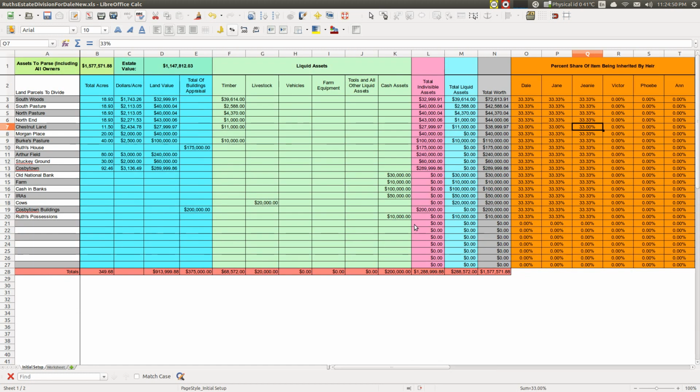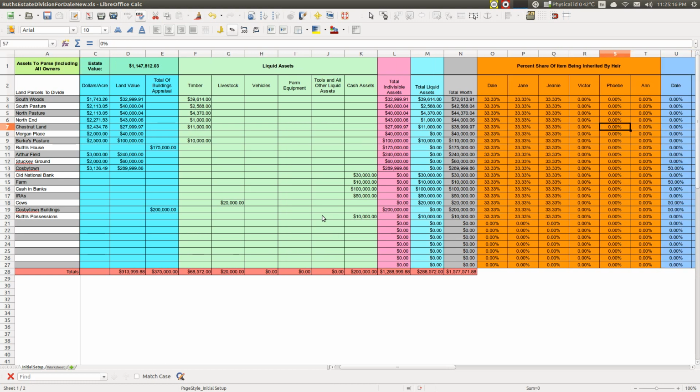But we come back here and we're going to fix those entries that I made. We're going to make that equal to 1 divided by 3. Tab over, equals 1 divided by 3. And we tab over, equals 1, not 2, 1 divided by 3. And you notice I have no error checkers on this because we catch it in the next sheet.